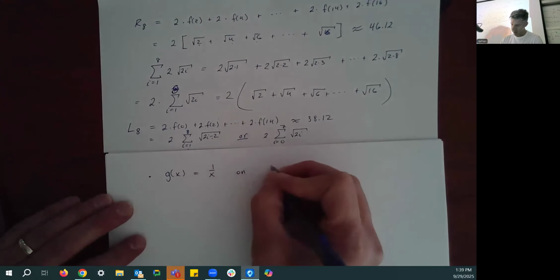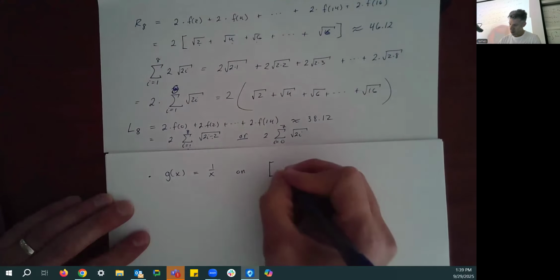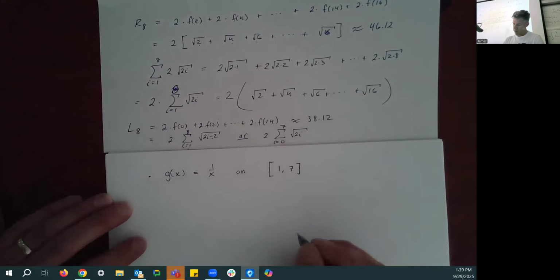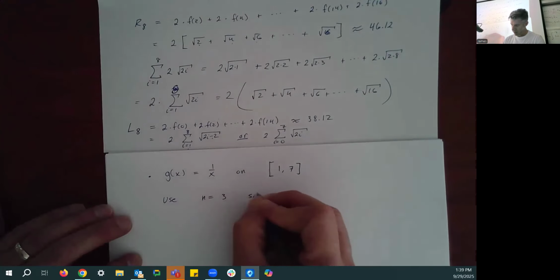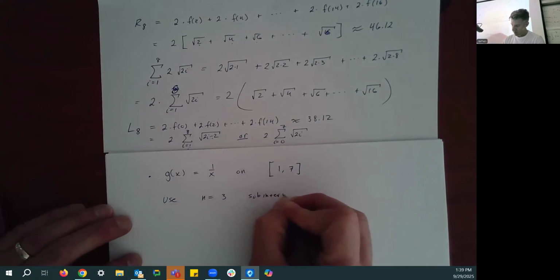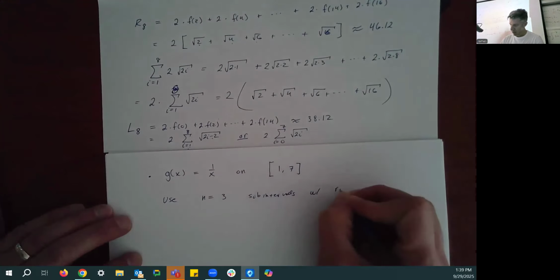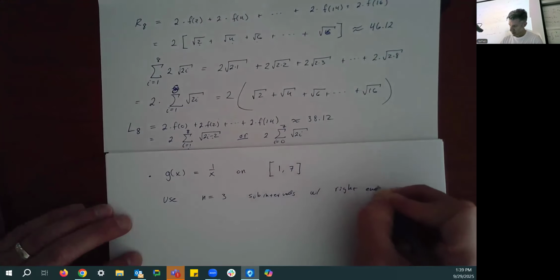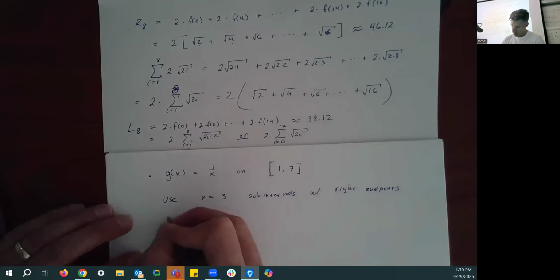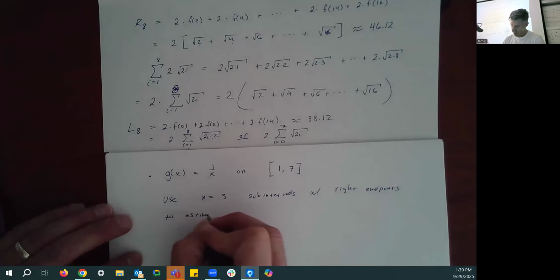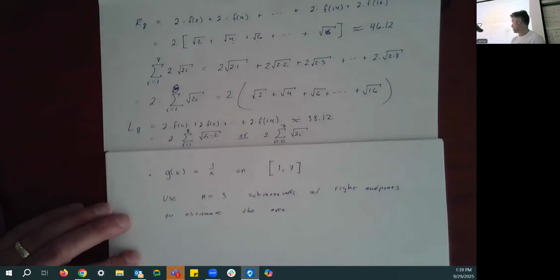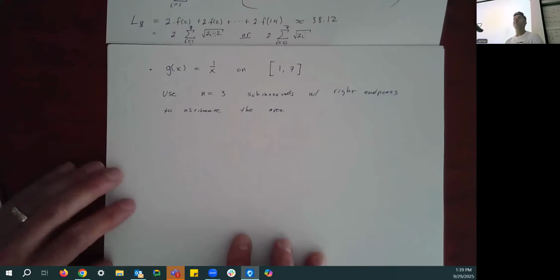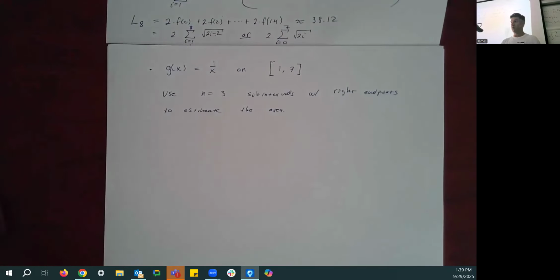We're on the interval from 1 to 7, and we want to use n equal to 3 subintervals with right endpoints to estimate the area. I'm going to draw a picture, but you all should start trying to actually not calculate it, but just express what that's going to be. So some base times some height plus some base times some height plus some base times some height.